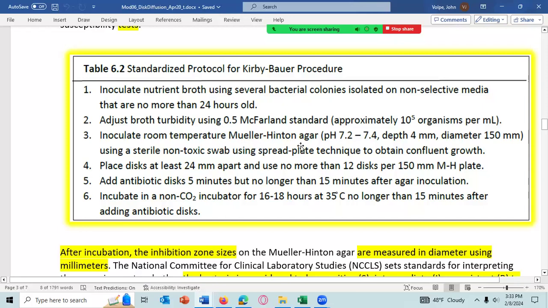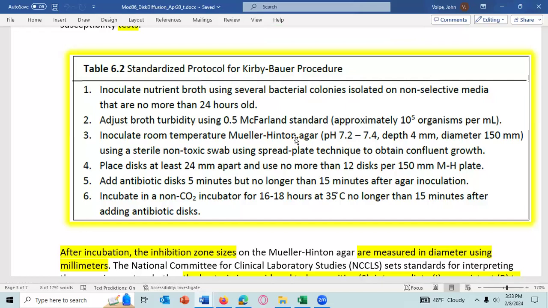We always use Mueller-Hinton agar plates because the type of media can affect the size of the zone of inhibition. The Mueller-Hinton agar plates are always between pH 7.2 and pH 7.4 because the pH can also affect the size of the zone of inhibition.